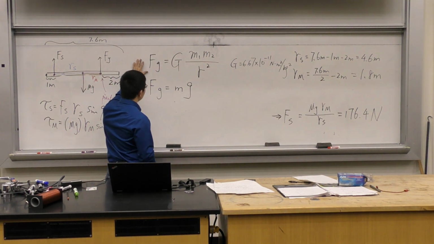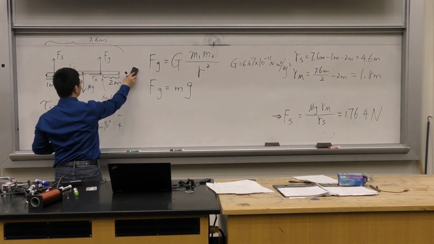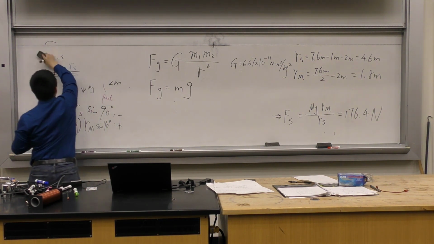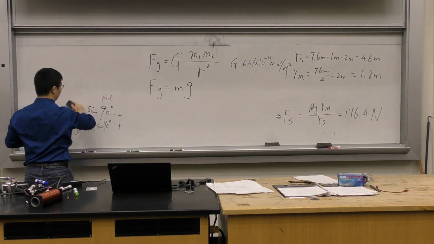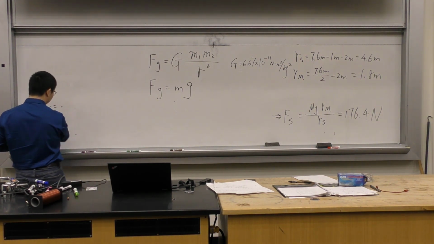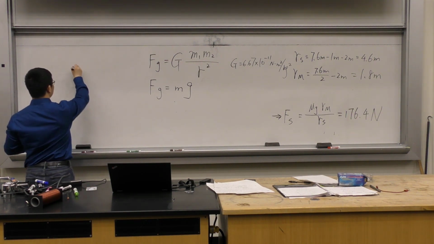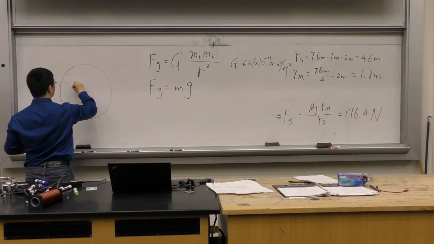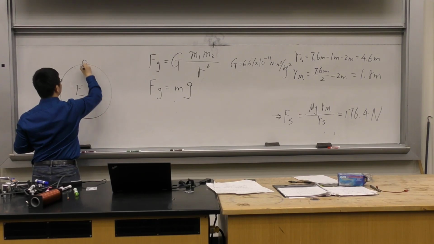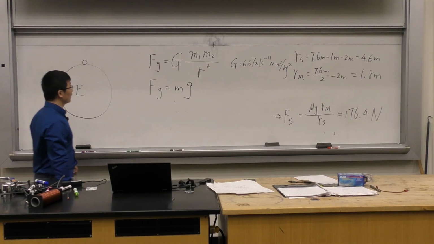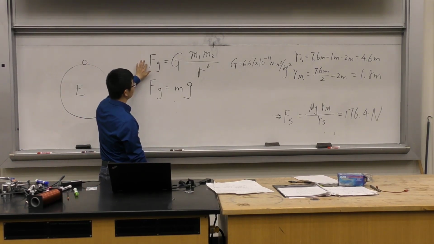If this is the universal equation, that means I can also apply this equation between the object and the Earth to find the gravitational force from the Earth on the object, right? If this is the Earth, something is on the surface of the Earth. So when I use this equation, I use the general equation.